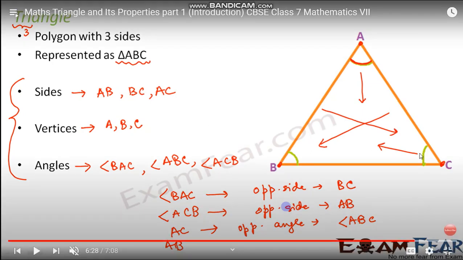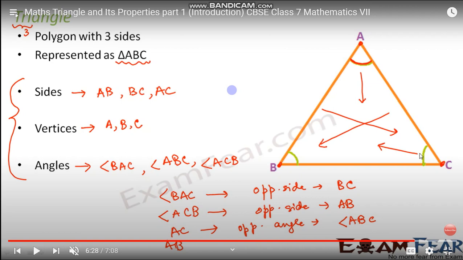So clearly students, what are the familiar things you have to understand in this lesson? A triangle is a polygon with 3 sides. It will be represented by the given vertices. The basic things you have to learn in a triangle are sides, vertices and angles.